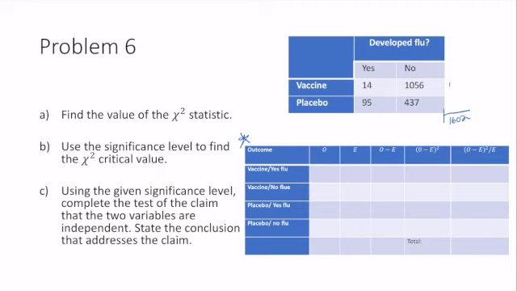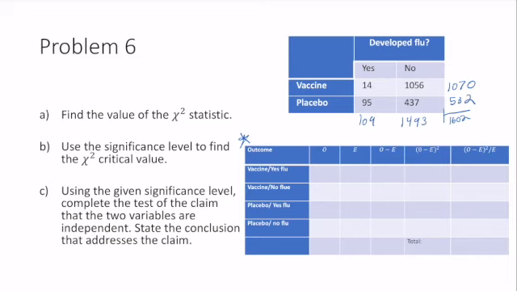I have that 170 over here. I have 532. What I'm doing is I'm adding up the sums of the rows, and I'm going to add up the sums of the columns. So I've got 109. I've got 1,493. I think I did that right. I did. Good job.